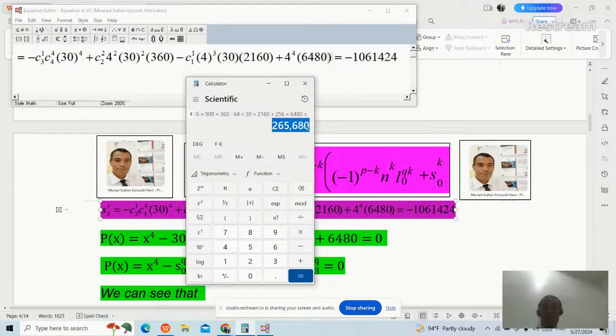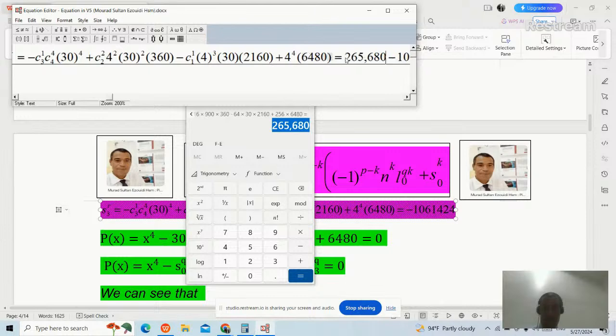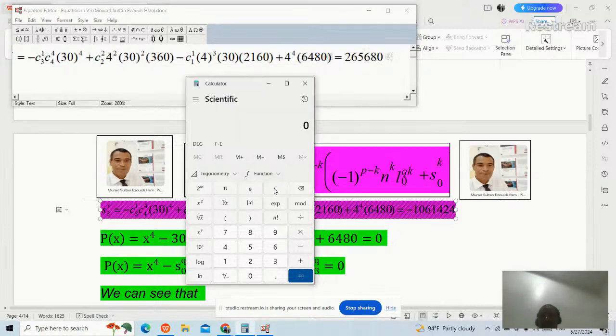I will write here, but I should repeat this to check again. So the answer is 265,680. I will repeat again, learners. It will be negative 3 times 900 multiplied by itself, 900. Why? Because 30 raised to the power 4 is 30 squared, 900, multiplied by itself.